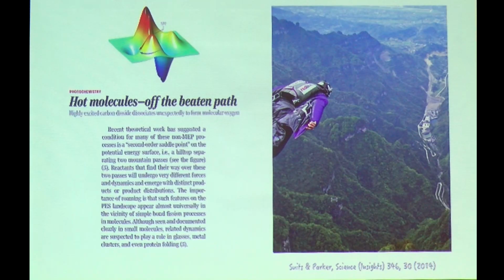And as they point out, in the roaming mechanism, which everybody's now familiar with, the condition for many of these non-minimum energy path processes is a second order saddle point, and there's a connection between this and the existence of roaming mechanisms. So as you can see, they illustrate that with these hills, if you want, including an index 1 saddle, but also index 2.